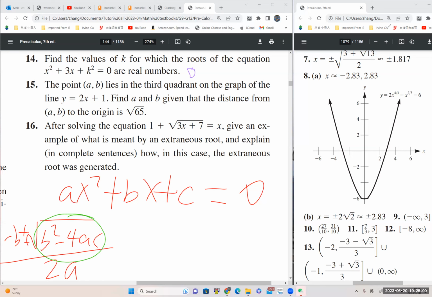That means if b squared minus 4ac is greater than or equal to 0, there are real numbers, but if less than 0, no real numbers. In future, when you learn complex numbers, there will be a complex solution. Anyway, this we call the discriminant.